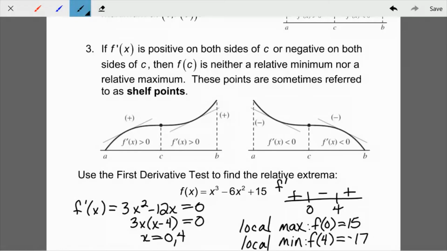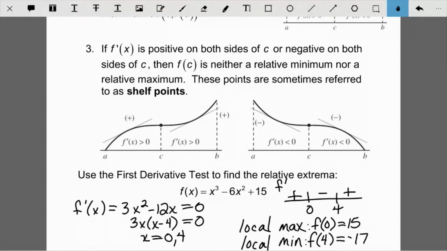What you need to do in order to justify your answer here is, I would say there is a local maximum at f of 0 equals 15 because the function goes from increasing to decreasing at that point, or I could say because the derivative went from positive to negative at that point. And then we could do the same thing for the minimum. So keep that in mind. If you're asked to justify, you actually have to write out a sentence that justifies why you know from the first derivative test that there's a maximum or a minimum.